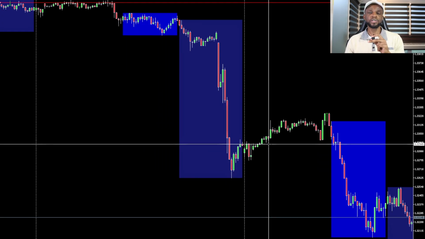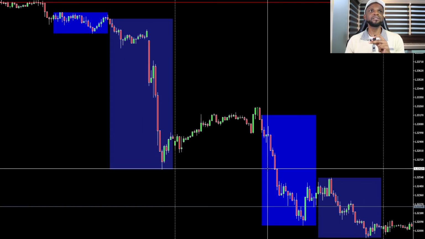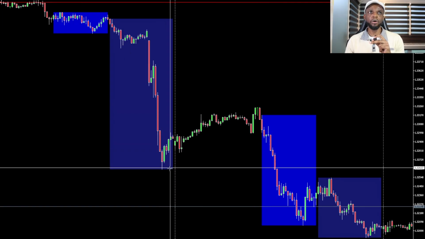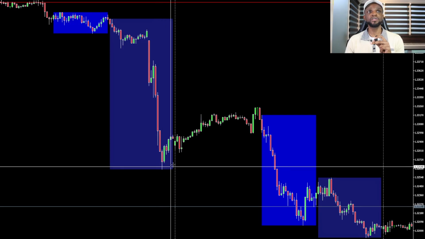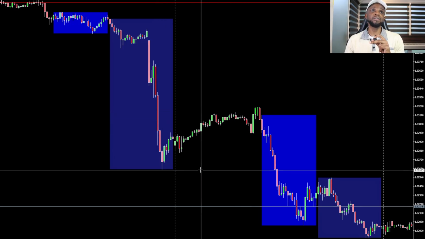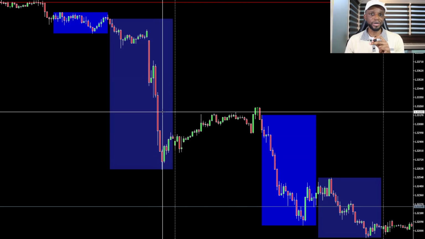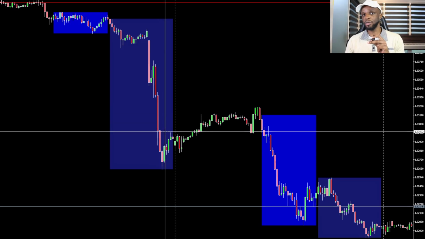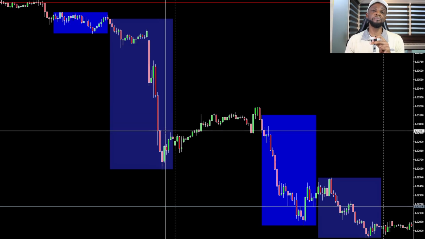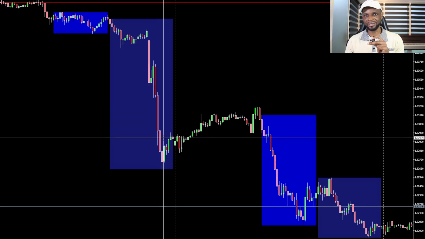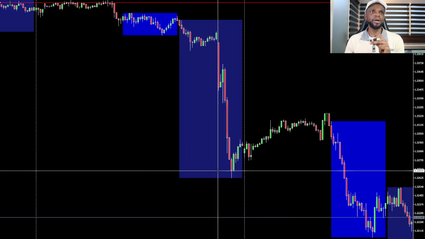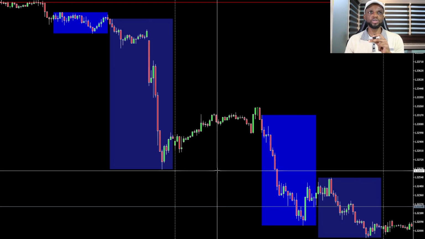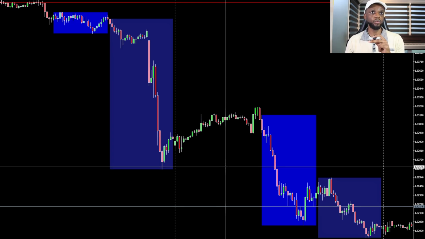Some traders look for a break of the low of a previous trading session, or they look for the break of a high and a return back into that session, or a break and a continuation in that same direction. It's up to you how you want to trade it. But again, whatever you do, you need to study and backtest it.